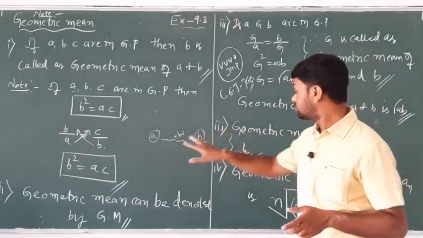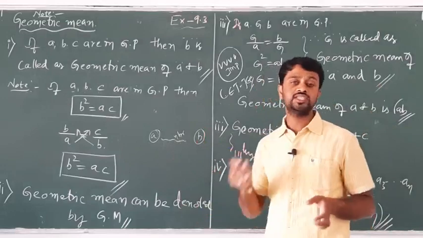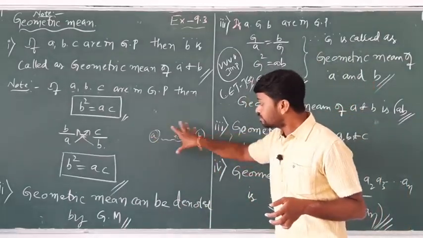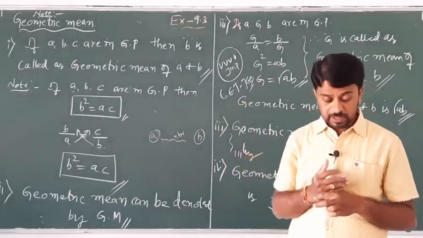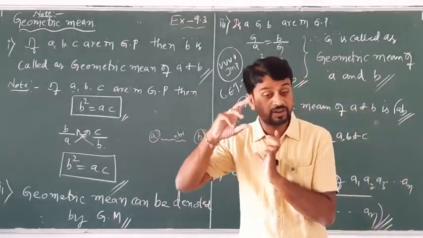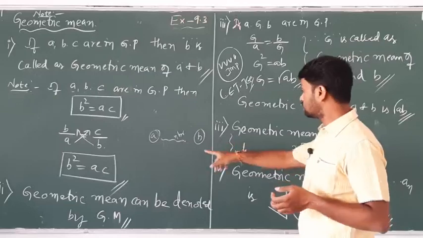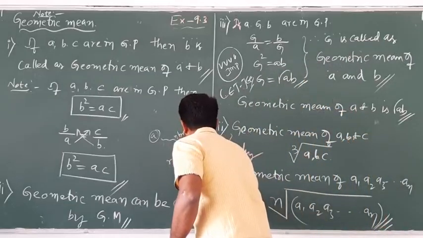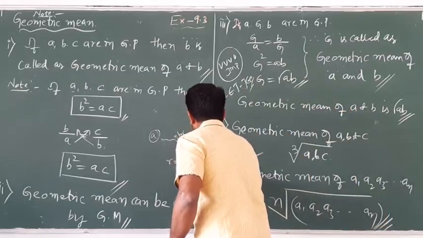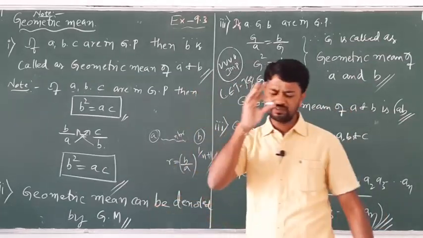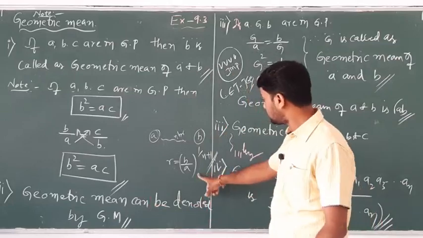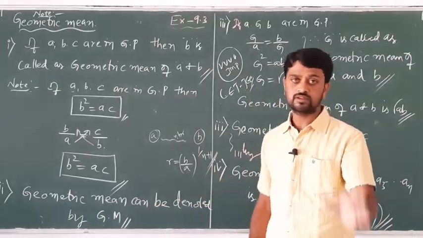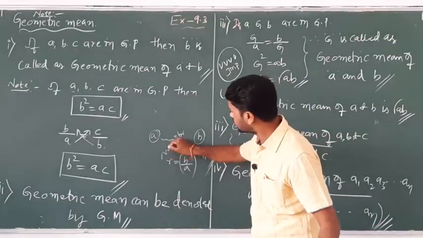Then G1, G2, G3 up to Gn are called geometric means between A and B, and the common ratio is R equal to B by A whole power of 1 by n plus 1. It's one of the very important concepts, especially for PUC 3 mark question, JEE 4 mark question, CET 1 mark question.